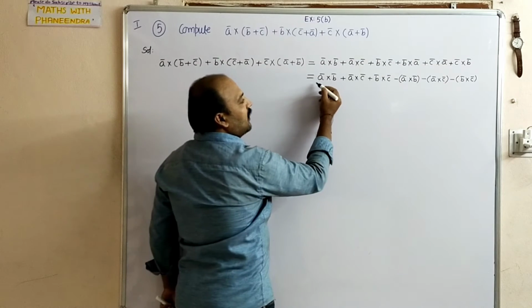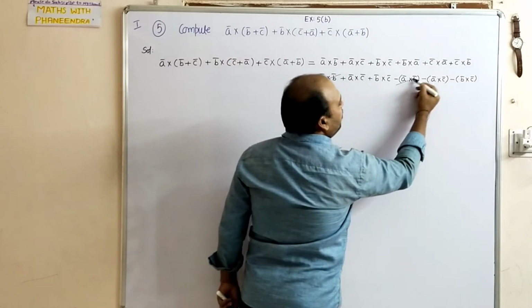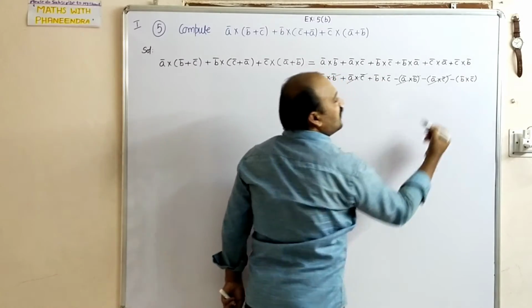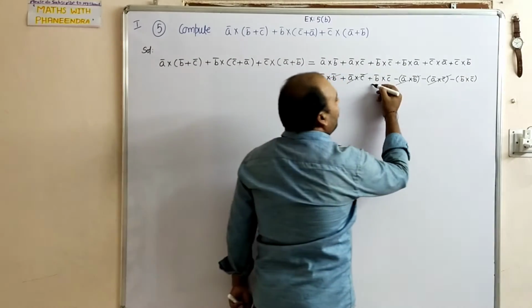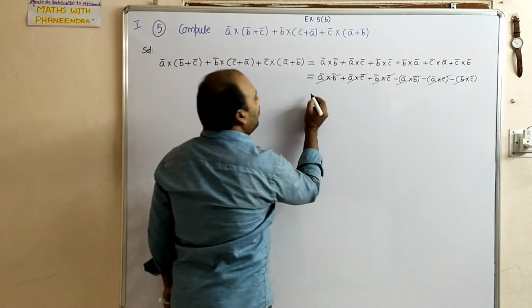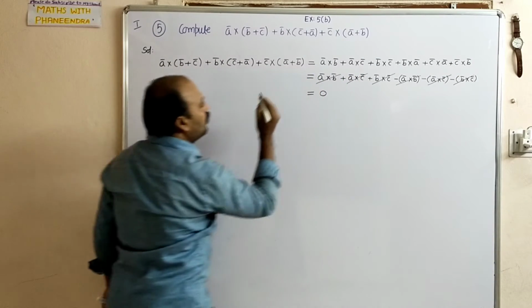So now, plus A bar cross B bar, minus A bar cross B bar. Plus A bar cross C bar, minus A bar cross C bar. Plus B bar cross C bar, minus B bar cross C bar. So, ultimately, this value goes to be 0.